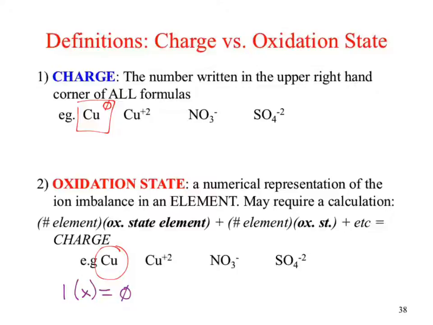So if we were to go through and ask the question, what is the oxidation state for that lower right-hand corner compound? Sulfate. What is the oxidation state for sulfate? You would tell me -2, but you'd have to solve. No? You would tell me to go to hell. That's a stupid question.